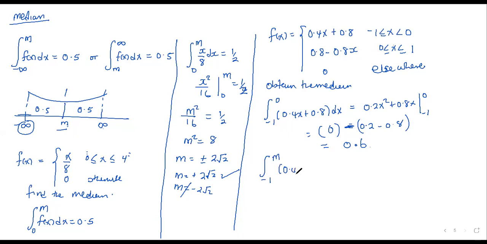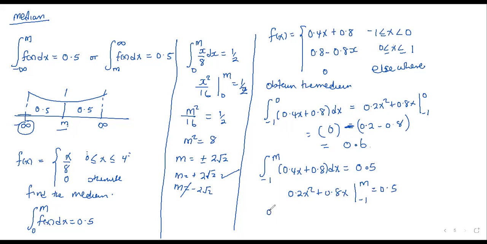Of 0.4x plus 0.8 with respect to x, and this should be 0.5. Therefore, you would get 0.2x squared plus 0.8x from -1 to m is 0.5. When I substitute, what will I get?